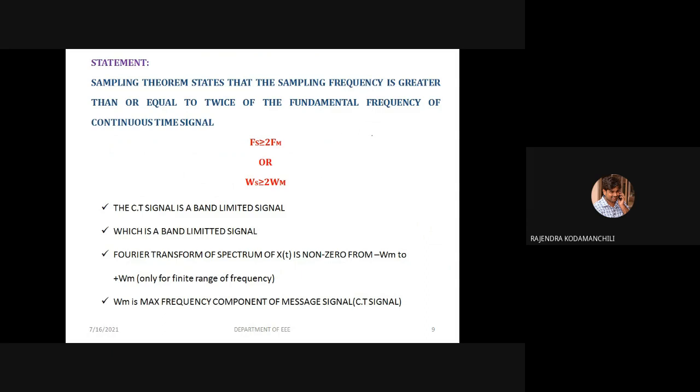Now, the continuous time signal is called the original signal, and whatever output we get is called the sampled output or discrete signal.